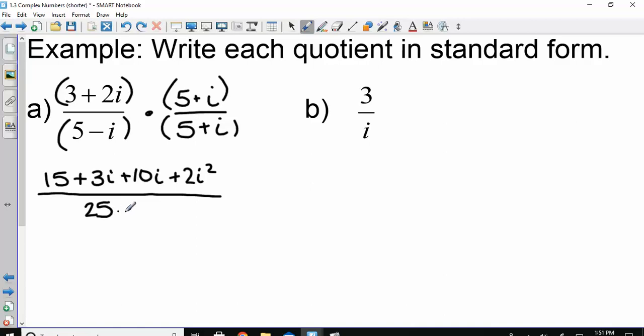Minus i squared. 2i squared equals negative 2, so it's like 2 times negative 1. So 15 plus negative 2 would be 13. 3i and 10i is 13i. On the bottom, this is 25 minus i squared, so that's like 25 minus negative 1, which is 26.